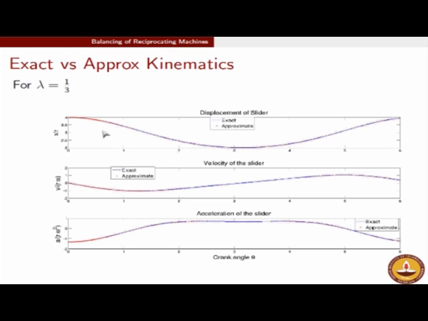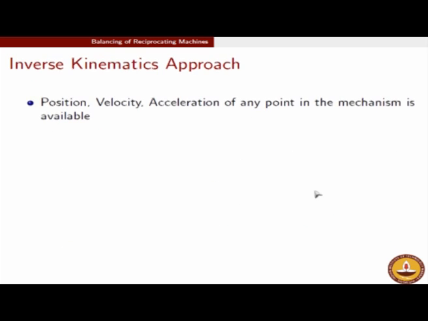To demonstrate the accuracy, I have plotted in this slide the comparison between the exact analysis without any approximation in blue, and in red dots the approximate analysis for a lambda value equal to 1 by 3. As is borne out through this result, the exact and approximate analyses give us fairly the same results.